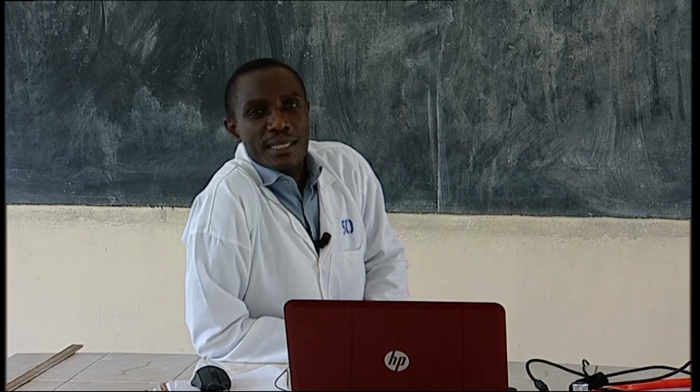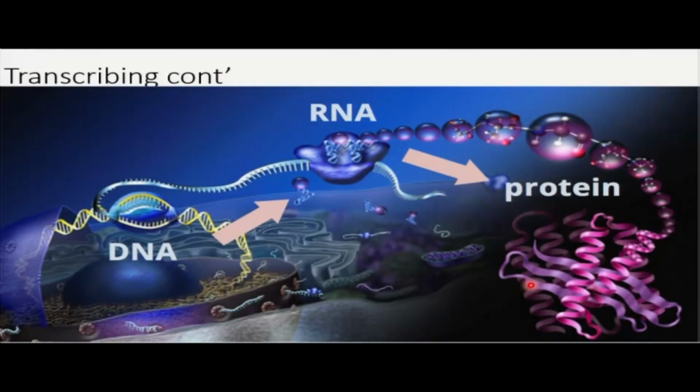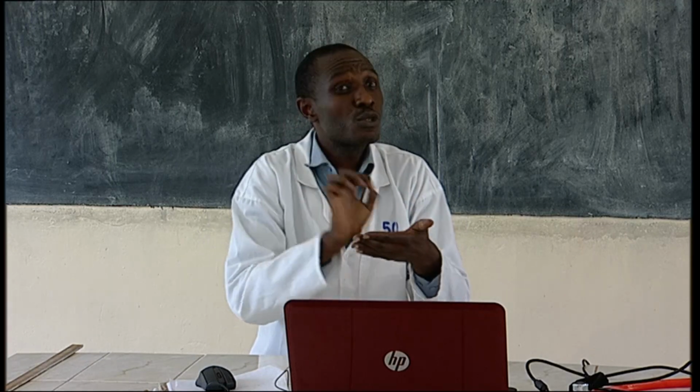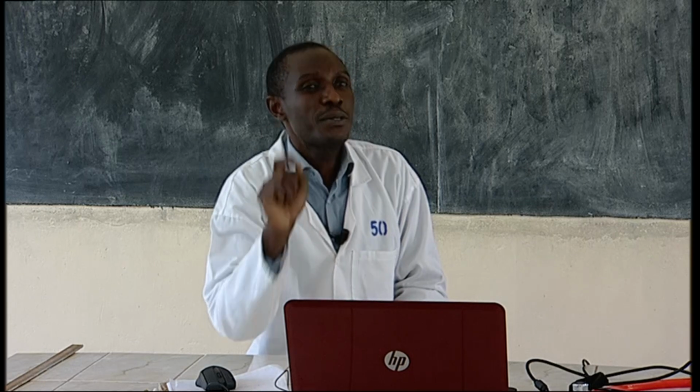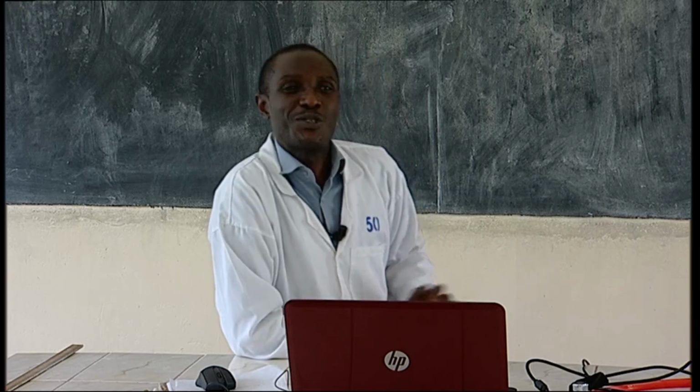Meaning that if we look at what we just mentioned, moving from the DNA to RNA, we are transcribing. Remember, we used an example of the visually impaired. They have their special keys, they have their special pens they use to write, but you cannot decode that message unless you know how to.